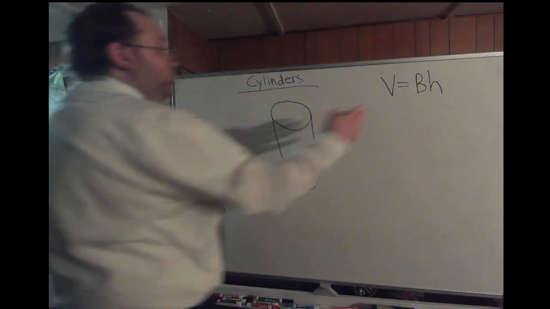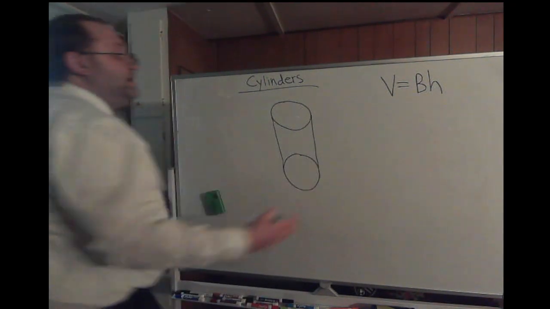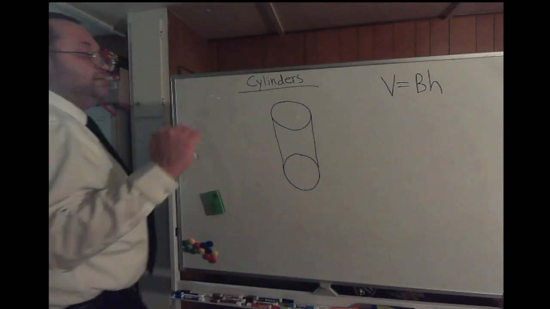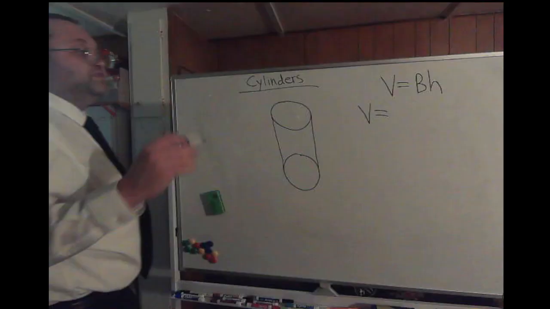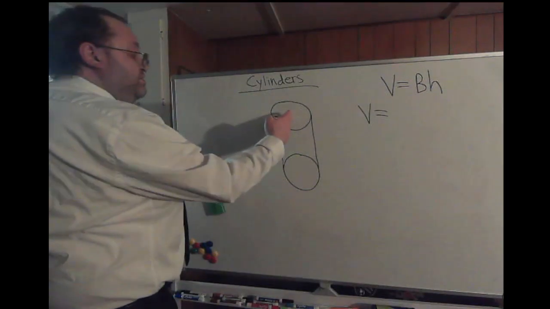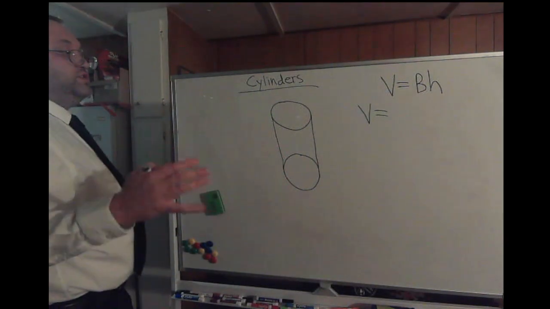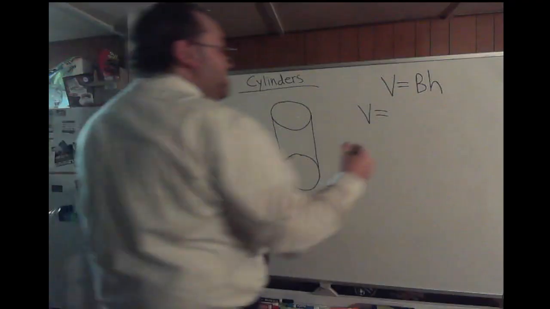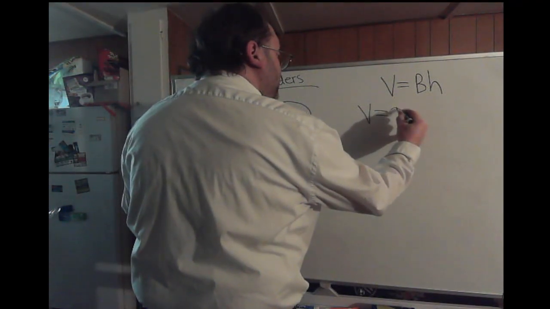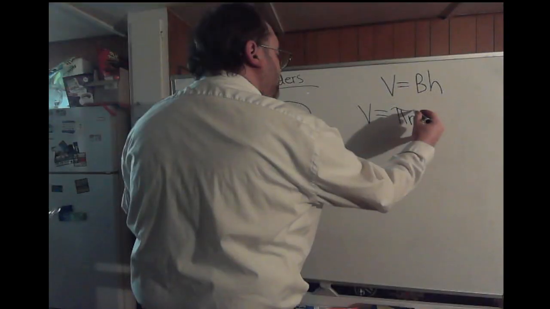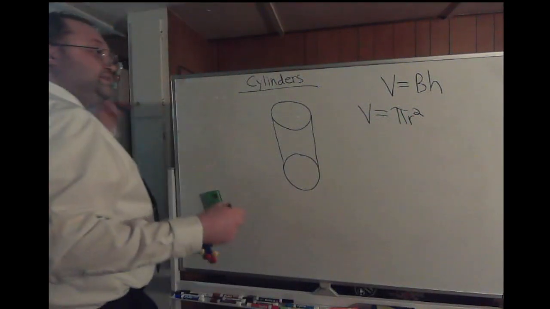So the volume formula still applies. It's the area of the base times the height. Well, what is the area of the base of a circle? Because the bases of a cylinder are circles. Well, the area of a circle is equal to pi r squared. That's the area of the base.